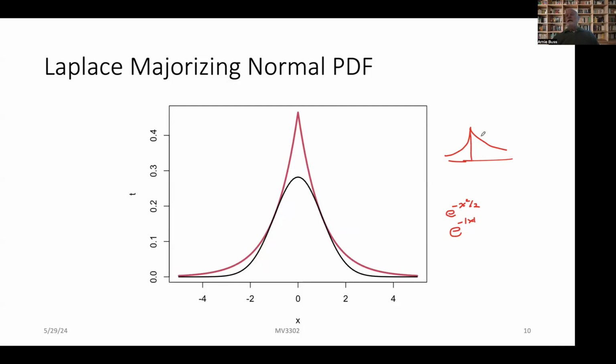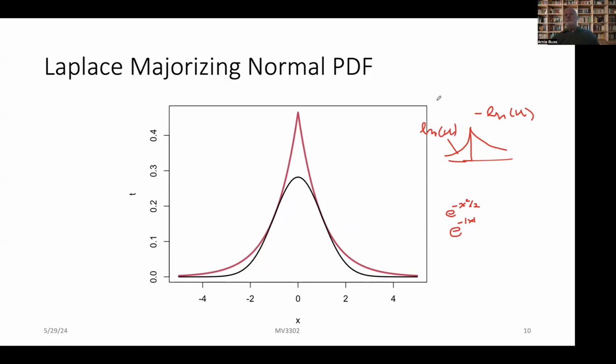We've already figured out how to generate from an exponential, right? We've done that before. It's minus the log of u. And so the negative one is just going to be the other side. On this side, it would just be the log of u, and that's going to be a negative value.